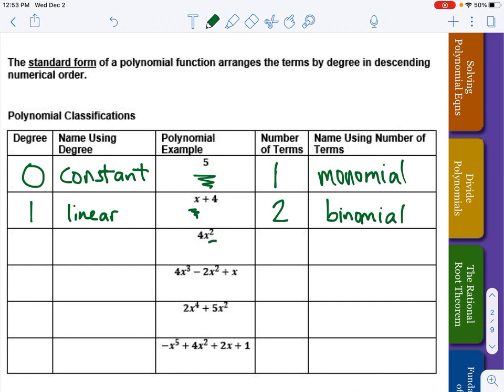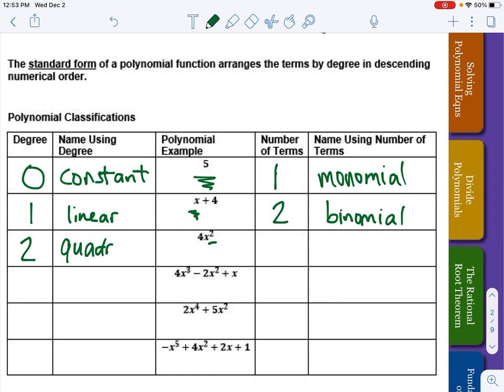The next one, we have a degree of 2. This is called a quadratic. We just finished up doing a bunch of stuff with quadratic equations. They are U-shapes. There's only one term here once again, so this is also called a monomial.